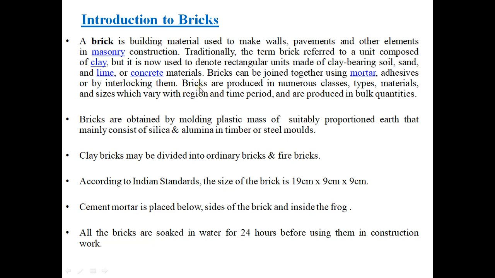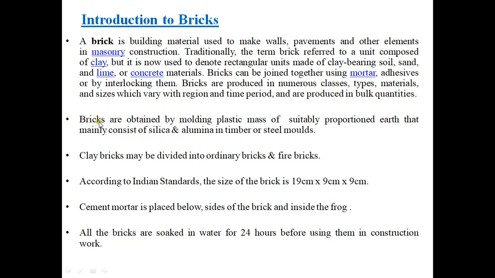And the bricks are produced according to material and size, which vary with region and time period, and they are produced in bulk quantity because the requirement of brick is also a huge amount. So that's why the production of brick is also done in bulk quantities.